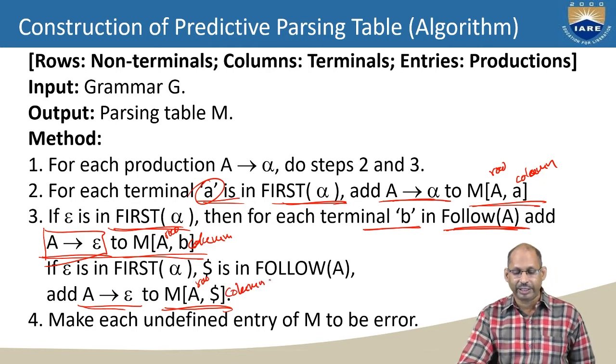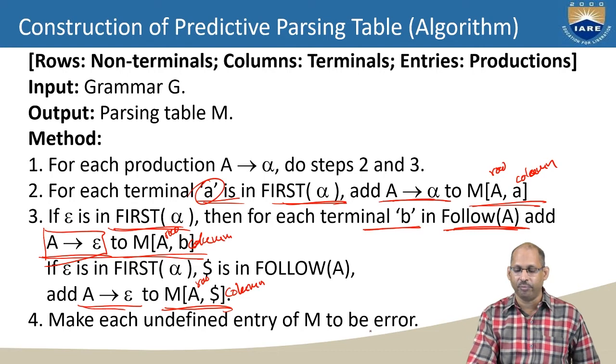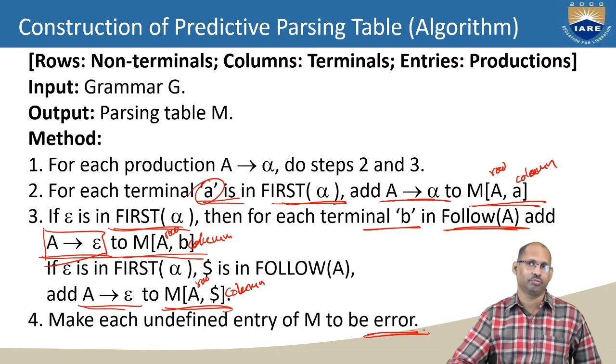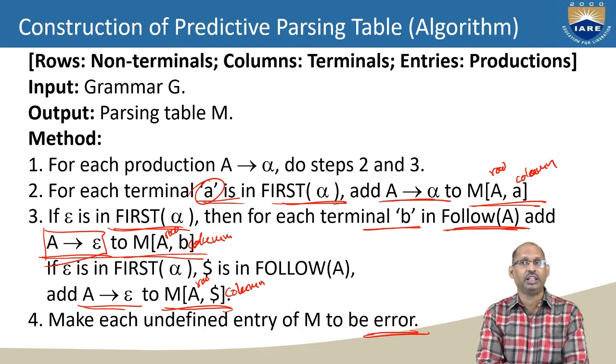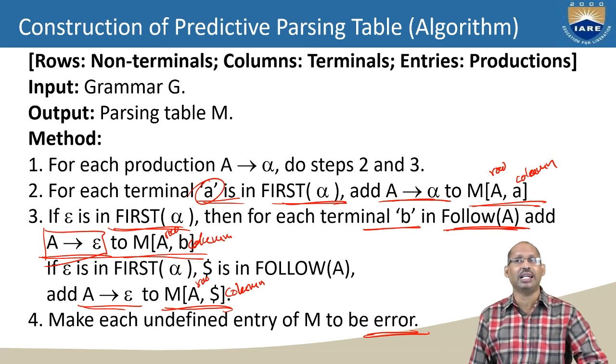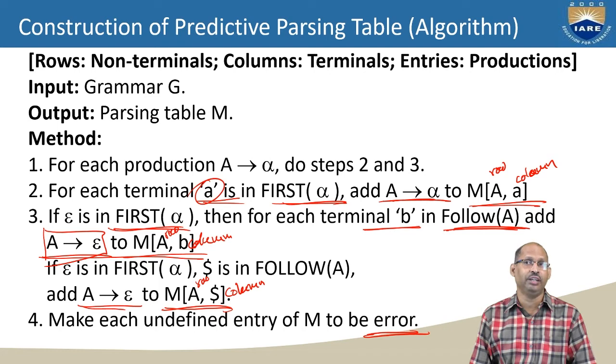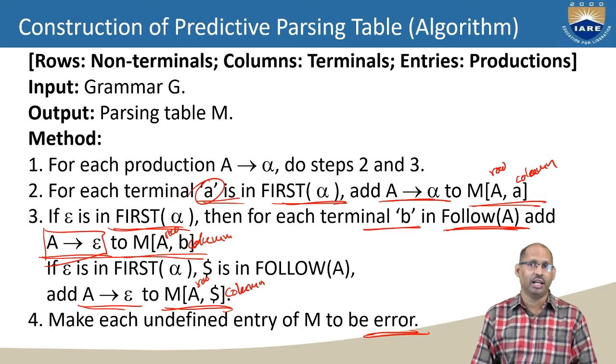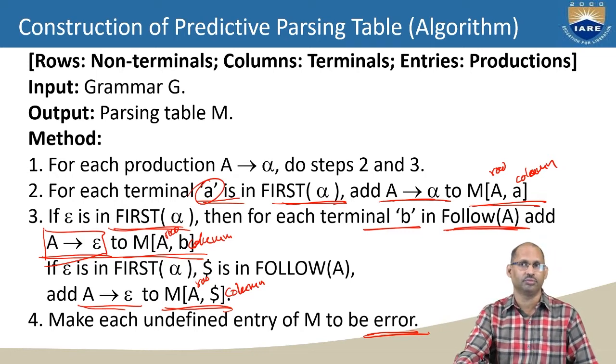Right? Make each undefined entry of M to be error. So first we consider the first of variable. If first of variable is epsilon, then we consider the follow of the variable. If the follow of the variable contains dollar sign, we write the production A gives epsilon to A comma dollar. Okay.